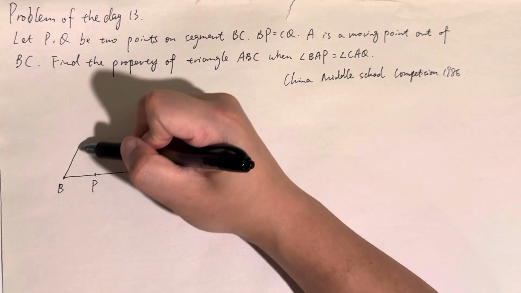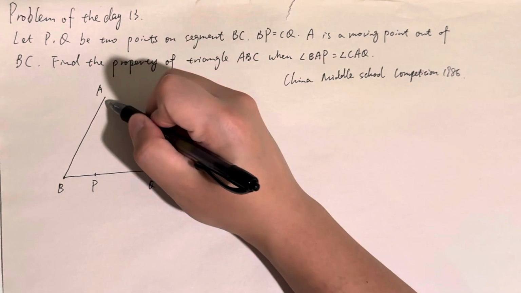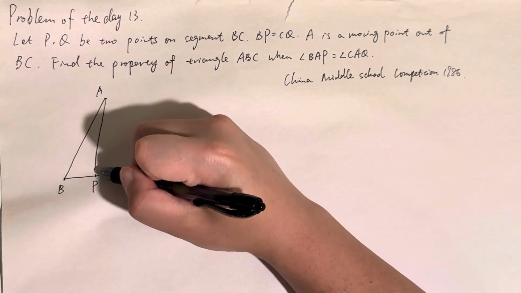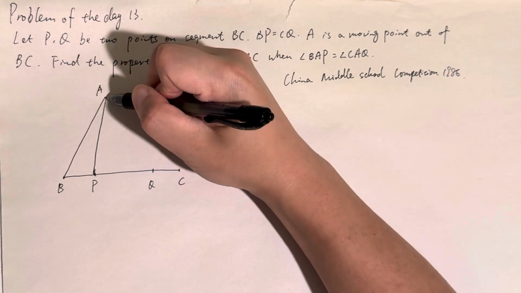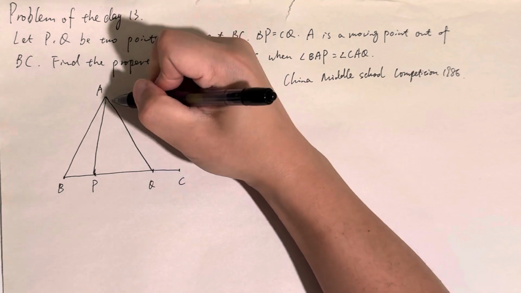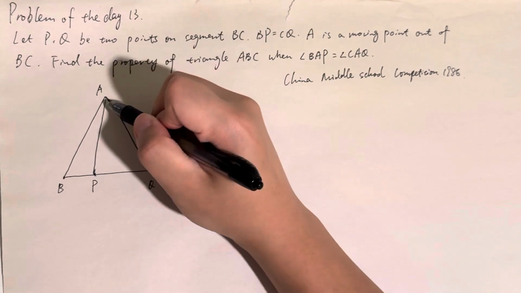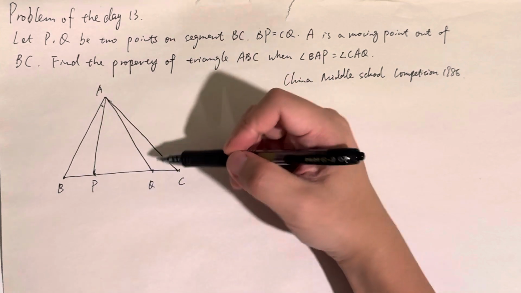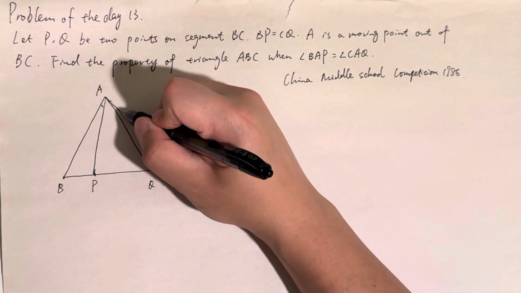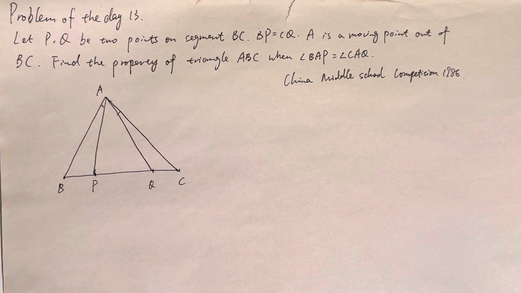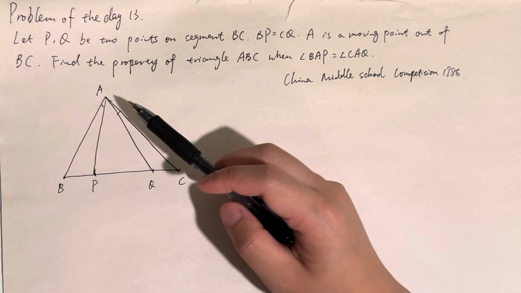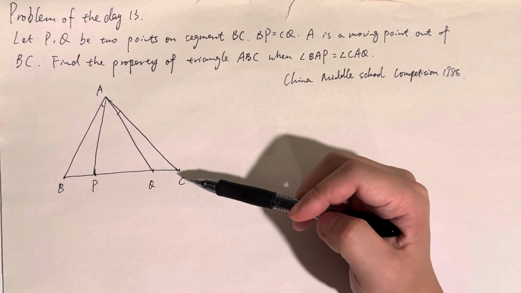So we have a point A here, and we have angle BAP equals angle CAQ. So we want to find the property of the triangle ABC.